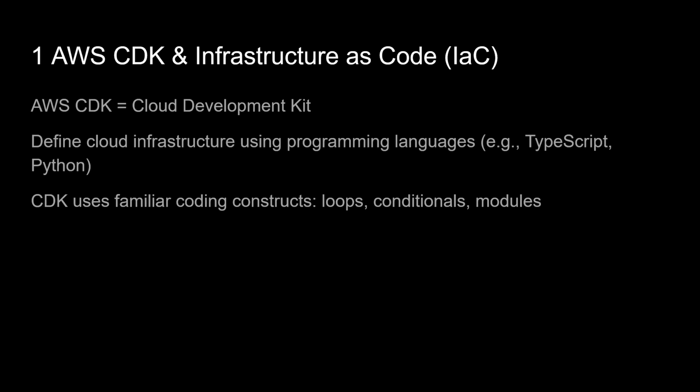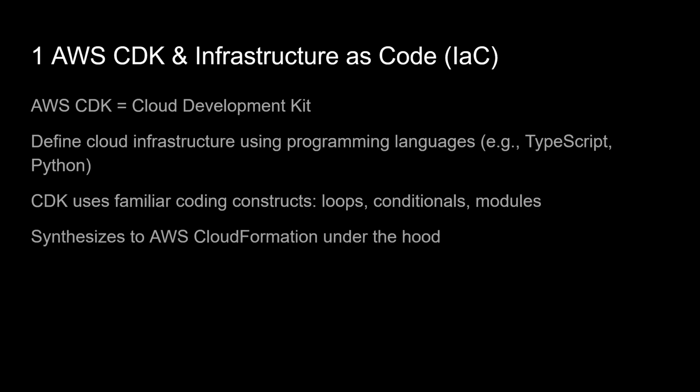Behind the scenes, CDK still compiles your code into a CloudFormation template, so you get all the benefits of infrastructure as code, such as predictability and repeatability, but with a much more streamlined developer experience.